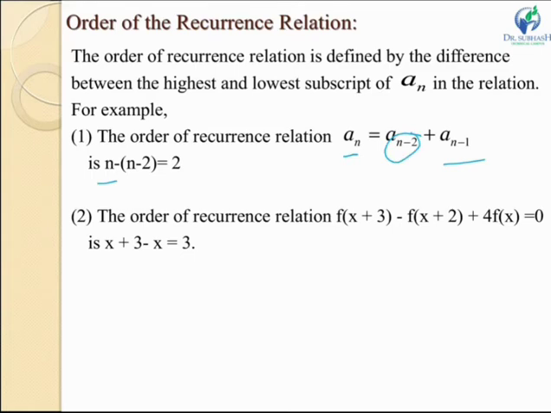So I will do highest minus lowest, so n minus open bracket n minus 2. I will get my answer as 2. So the order of this recurrence relation is 2.